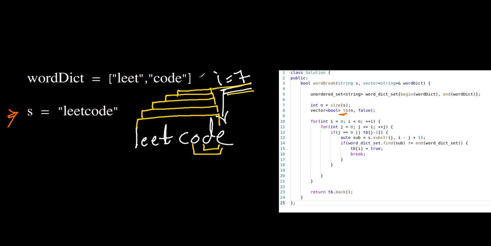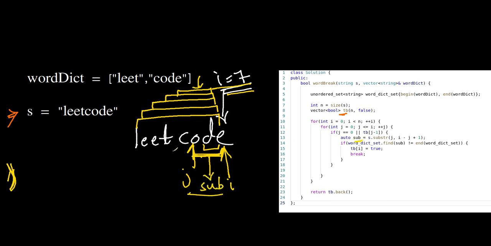And for every one of these substrings, we need to check two conditions. The first one is the part before, so let's call the start j, and we have i here. So this segment, let's call it substring.